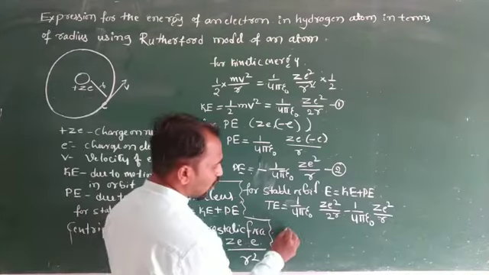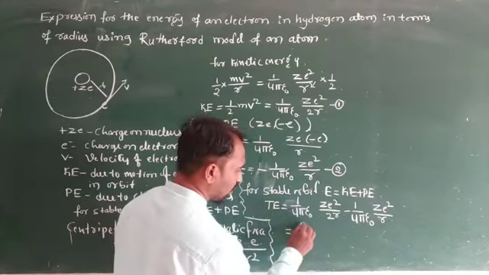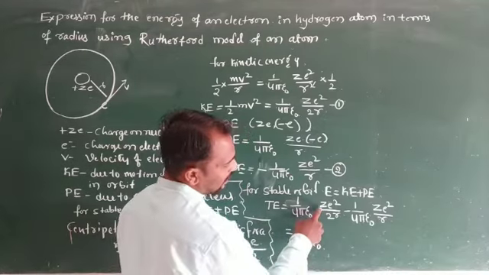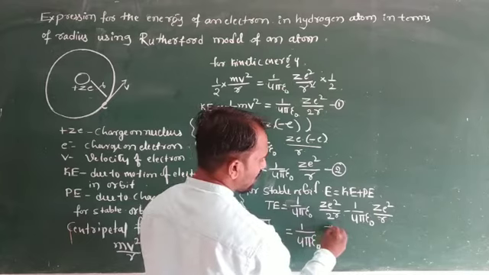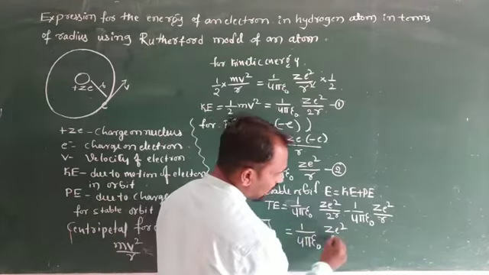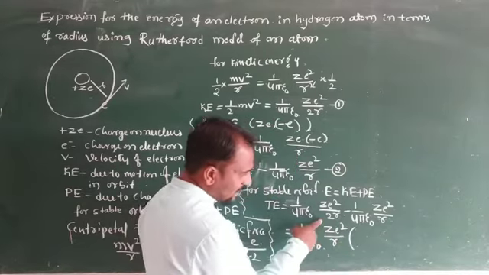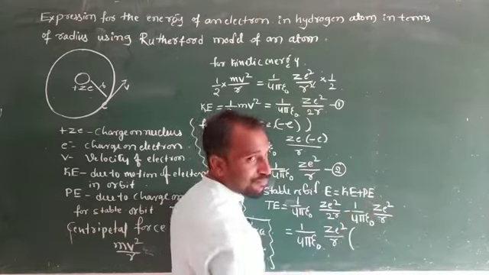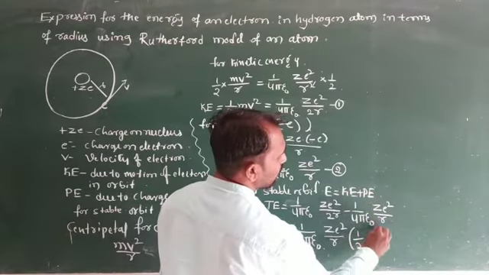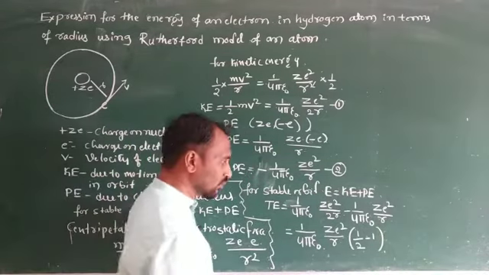Take the common term 1 by 4 pi epsilon naught, and ZE square, and R. In one term there is 1 by 2 and in the other 1, so 1 by 2 minus 1 means minus 1 by 2.